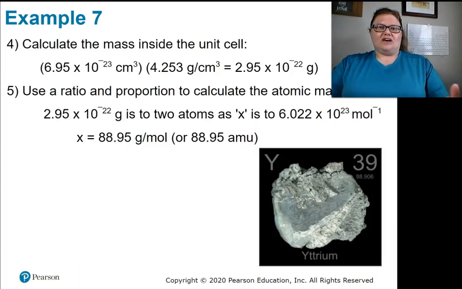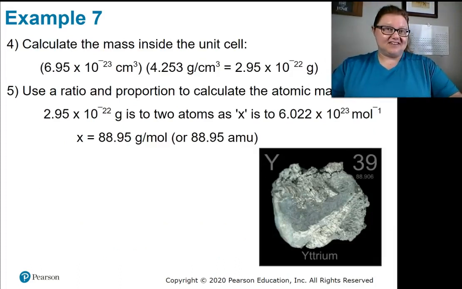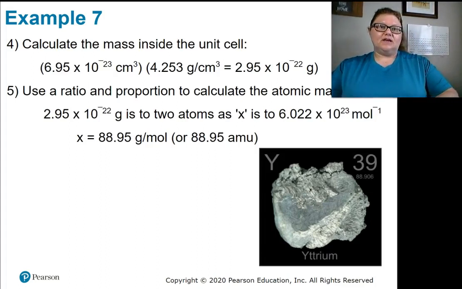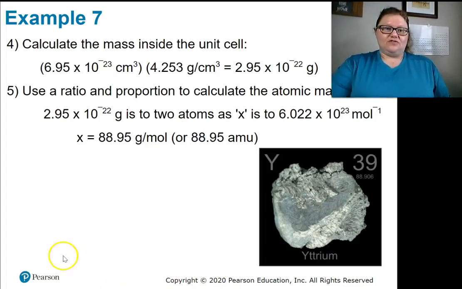So we have volume, we were given a density, we can multiply those two together in a way to cancel out the cubic centimeters, and then we'd be left with grams. So now we have the mass of our unit cell. We're going to now use the fact that in a face-centered cubic, we've got two atoms that are going to be called X for that type of center, and so that's going to be equal to Avogadro's number.